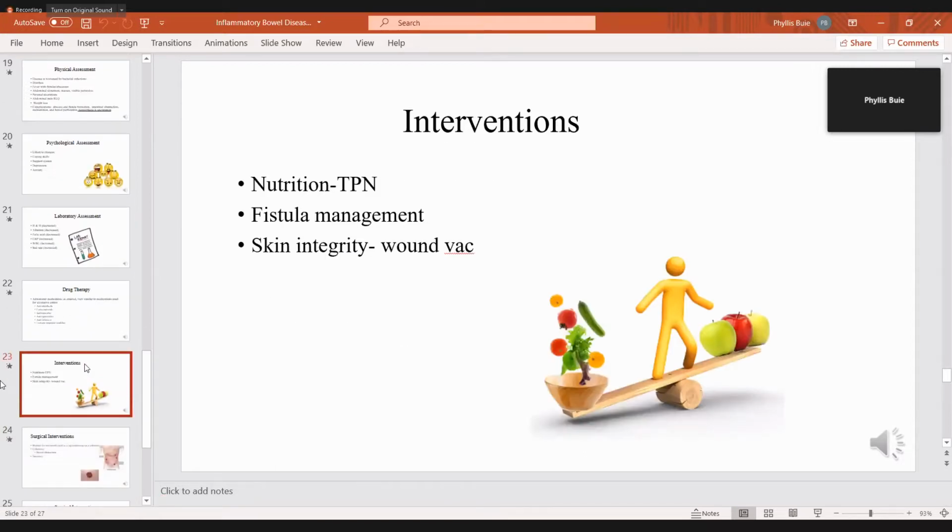So let's talk about some interventions. They may need TPN. They may not be able to absorb nutrients, so they may have to have a central line placed for nutritional supplements with TPN.